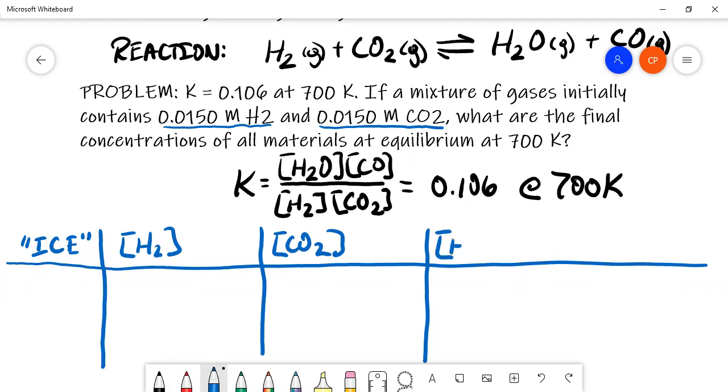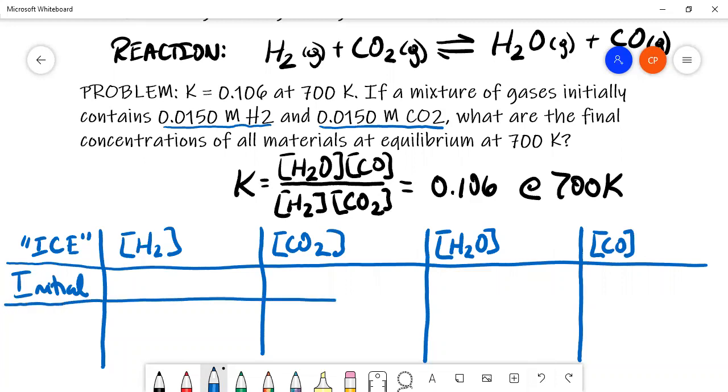And 1 column for H2O. And 1 column for CO. And the first letter I stands for initial. I need initial values of each of these quantities.